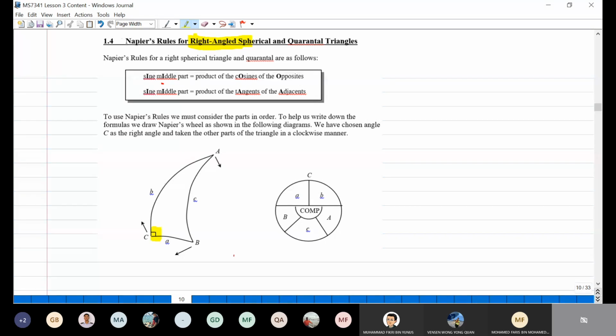Napier's view. Let me highlight here. Napier's view is actually this one. What is actually Napier's view? It's a view I think you might probably have seen before.